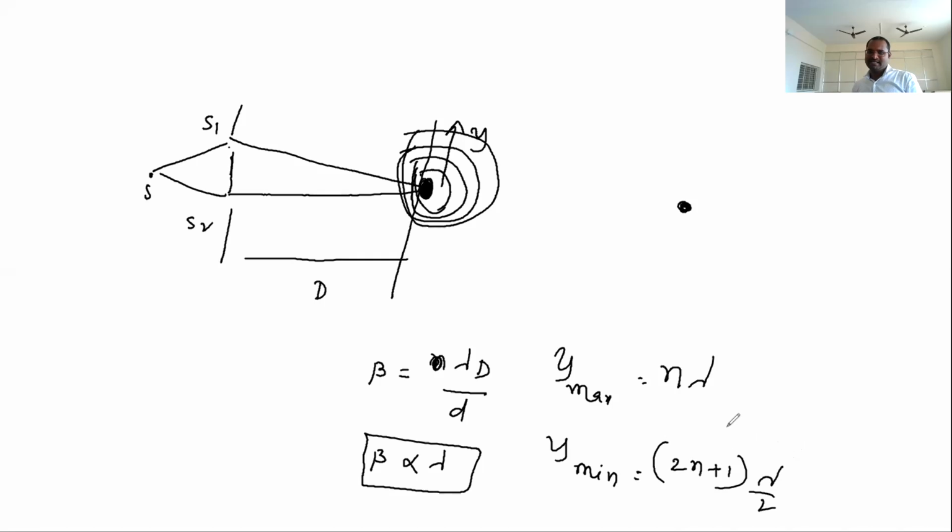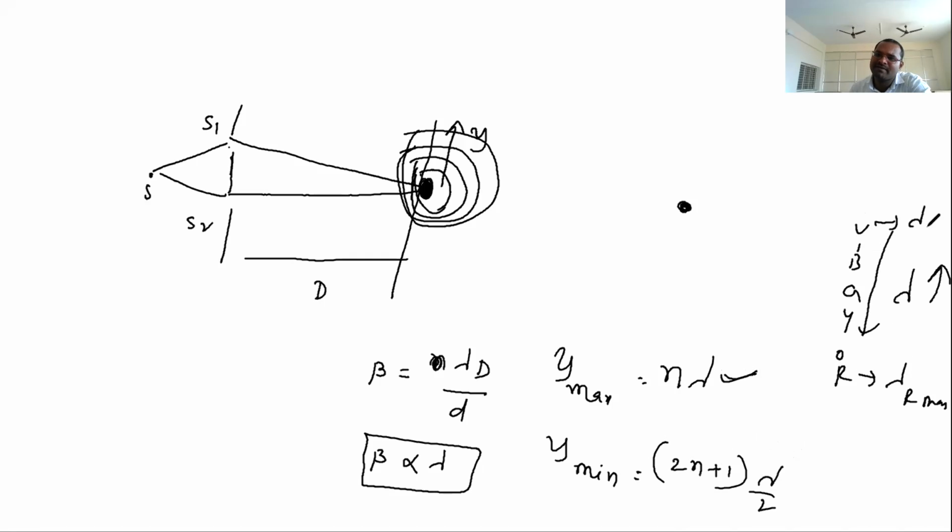Clear? See, maxima will form farther out for light of higher wavelength. We have VIBGYOR, 7 colors. Lambda of red is maximum, you know, and wavelength increases as you go down the list. Violet has the minimum lambda. From the central maxima, if you go up, the red color maxima will form farthest. Before that, with less wavelength, orange color will form.